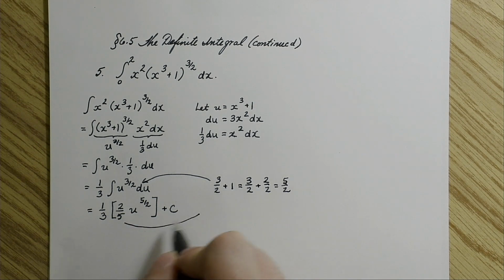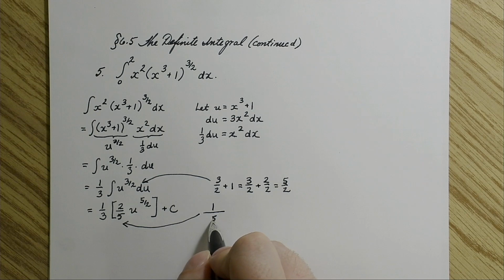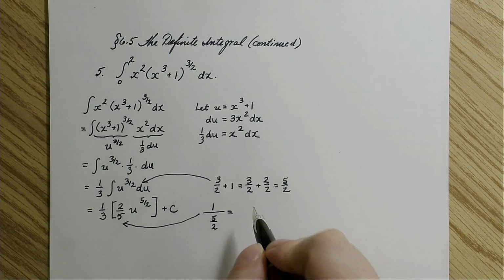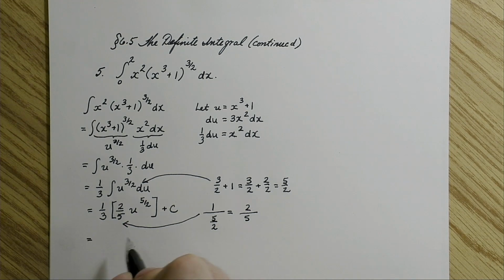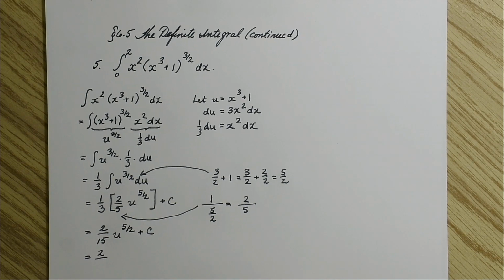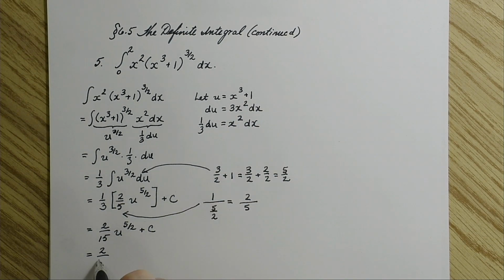And over here, 1 over 5 halves simplifies to 2 over 5. So I'm left with 2/15 u to the 5 halves plus a constant, and I'm not done yet because I need to substitute back in my u. So I've got 2 over 15 times (x cubed plus 1) to the 5 halves plus a constant.